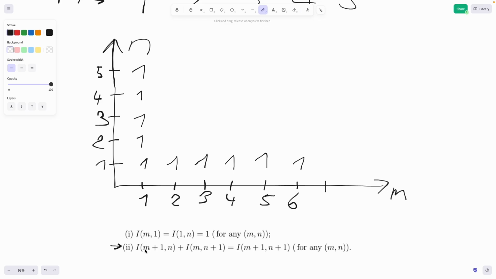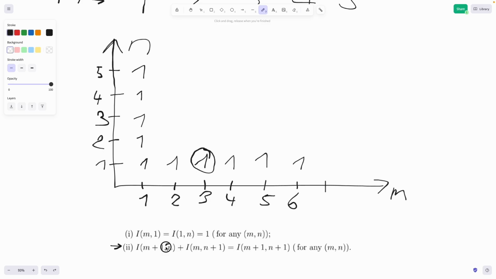Here, again, I think it's very nice to think about this visually. We're just going to take a look at this first part here, I at m plus 1, n. So this means that if we take any m, so for example 3 right here, and we set n to 1, then we're going to have this value, and the plus 1 means we're going to take a look at the next value.